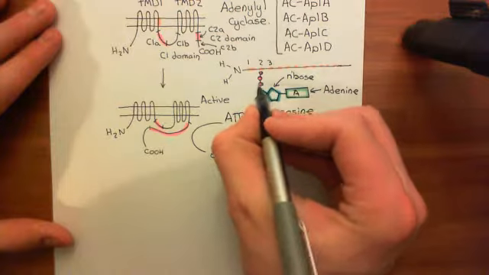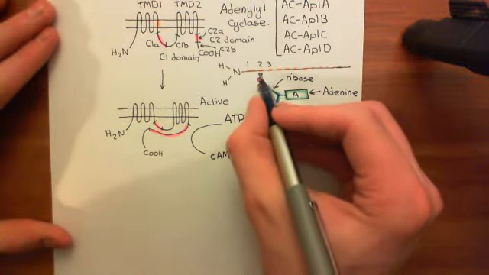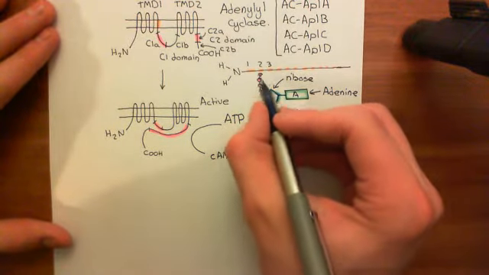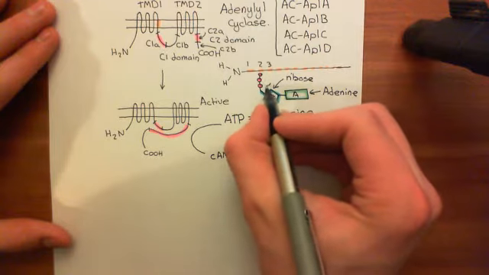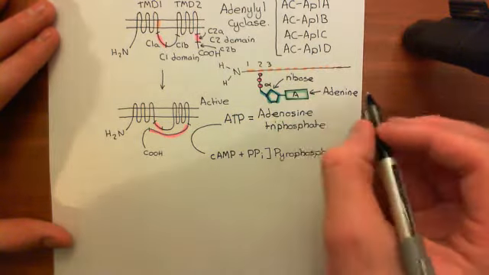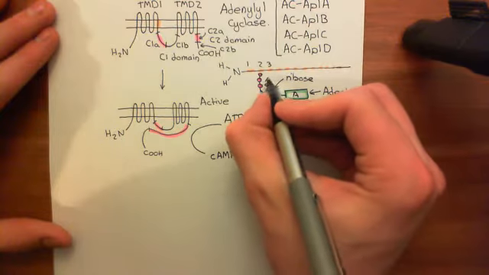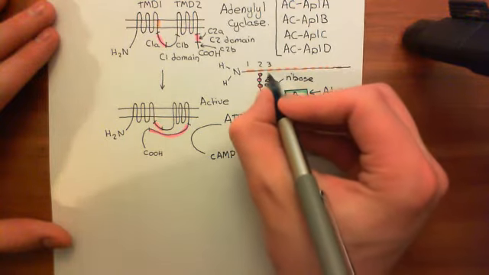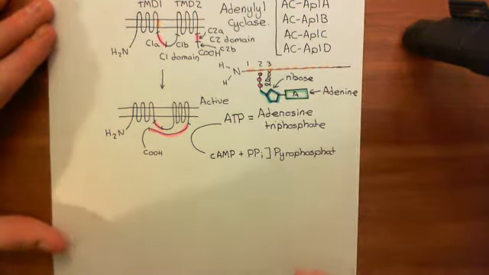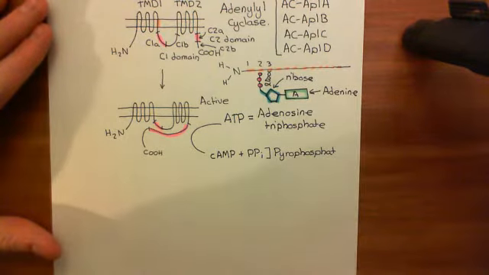Let me just tell you some nomenclature concerning these phosphate groups on adenosine triphosphate. The first phosphate group of adenosine triphosphate is called the alpha phosphate. The second phosphate is called the beta phosphate, and the third phosphate is called the gamma phosphate.